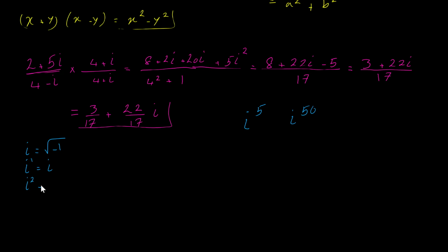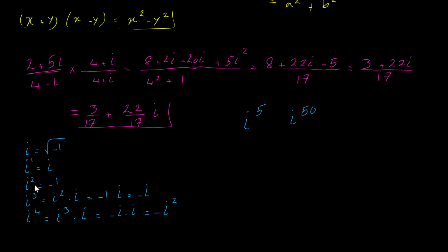Now i to the power of 2, we will get -1. i to the power of 3 will be i to the power of 2 multiplied by i. i to the second, we said, is -1 multiplied by i, and that gives us -i. i to the power of 4 is i to the third multiplied by i. i to the third, we found out, is -i multiplied by i, and that gives us -i squared.